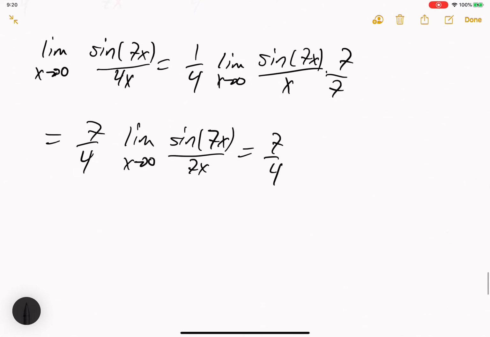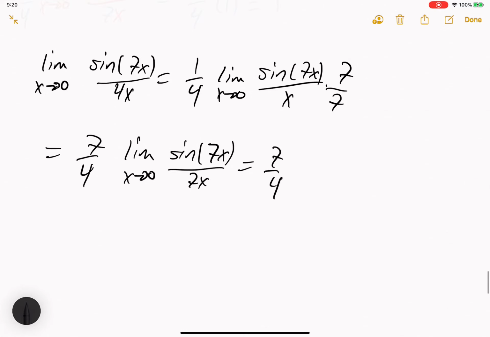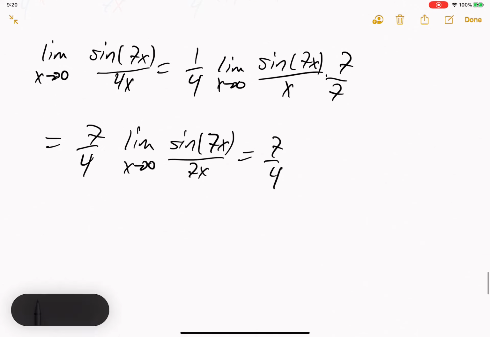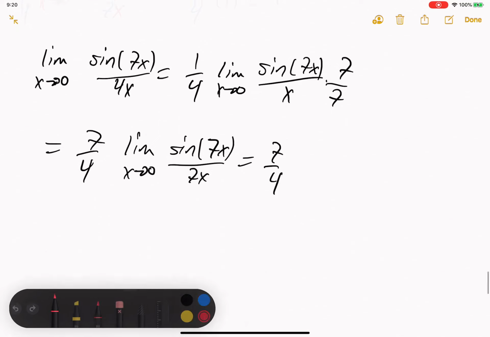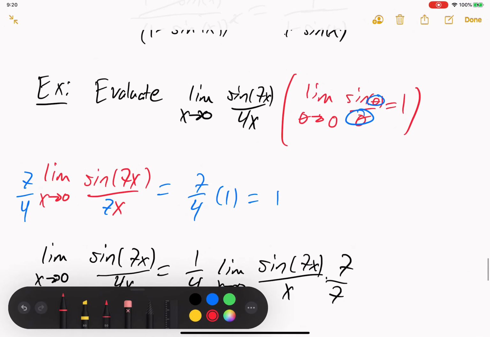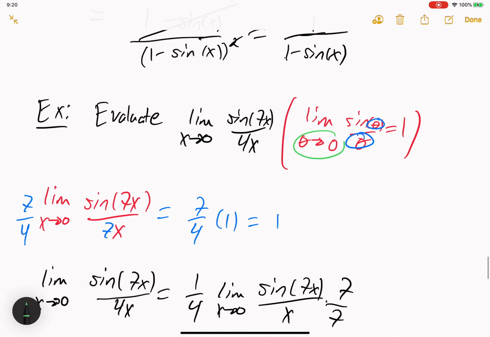One of the things you might ask is, why does it matter that here we have x going to 0, but for the other example we didn't have that? Here we have x goes to 0, but here we have 7x. If we look at this case right here, we have theta goes to 0, and here we have the same thing.